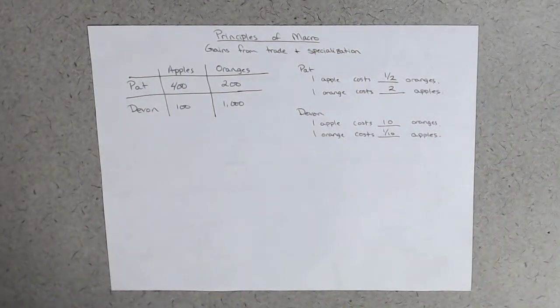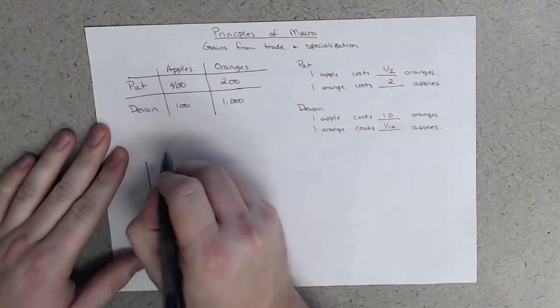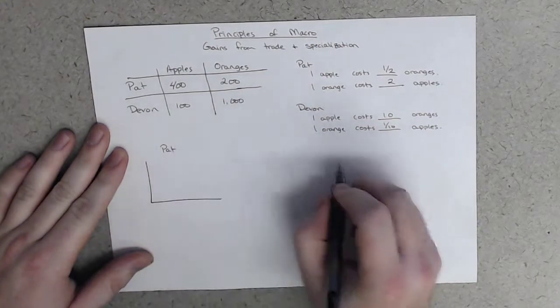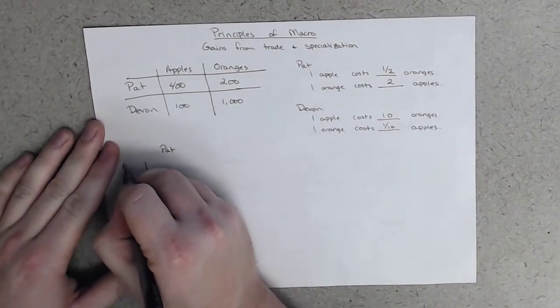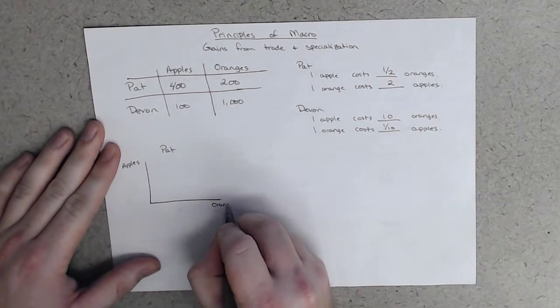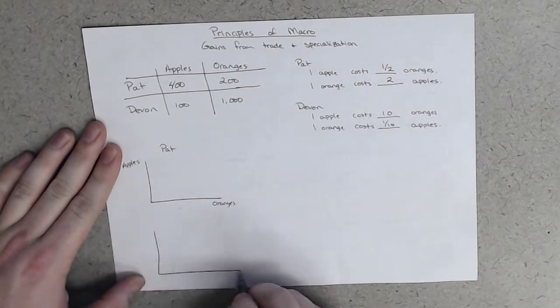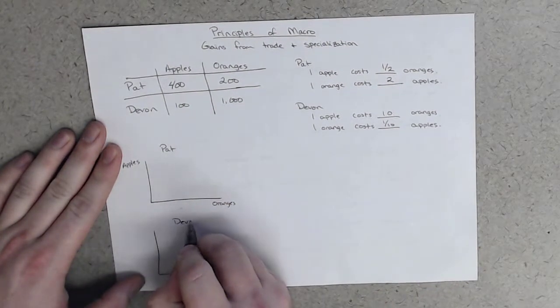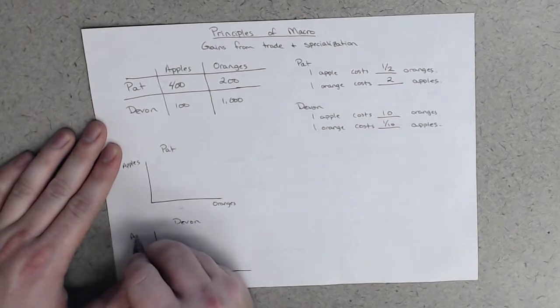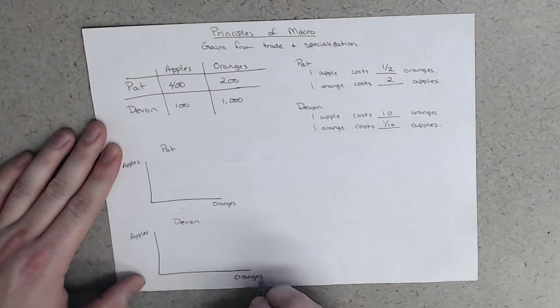And so alone, if we were to graph these, we could say that we've got Pat, apples and oranges. And we've got, let's say, Devin, apples and oranges, right?